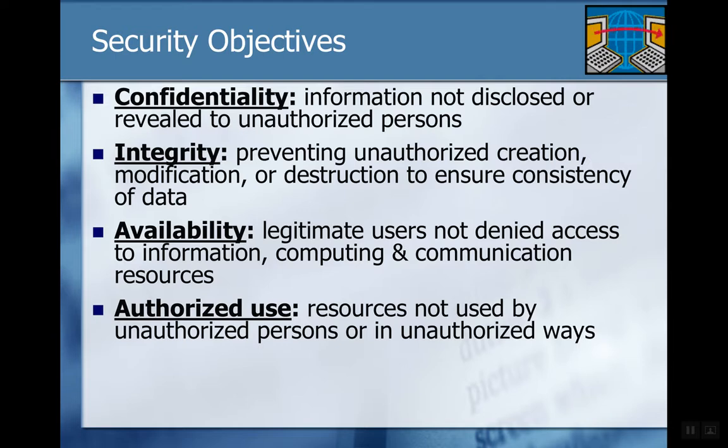Integrity is making sure that the data you work with is consistent and correct and has not been modified. And then finally, availability is making sure of two things. Number one, legitimate users are not denied access to information, and also that illegitimate users are not provided access. All right, so these are the three core tenets of security. That makes up what we call the CIA triad.